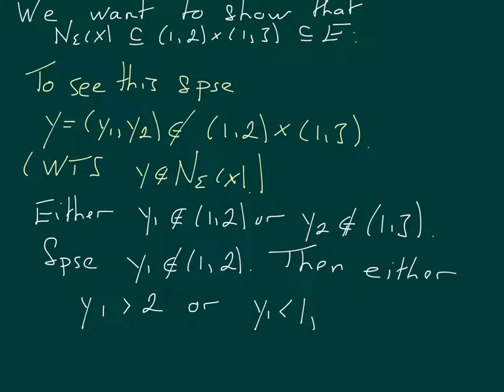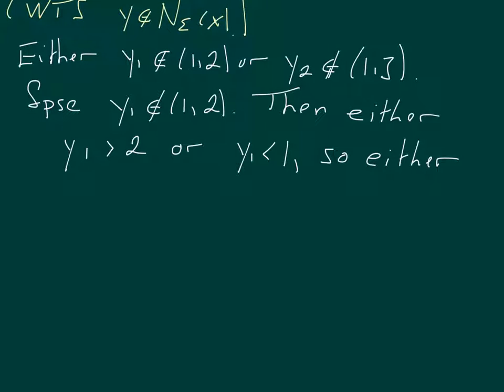So, what can we say? What are our situations? Well, let's just draw a little picture here. Either we're in this situation here, where we have our open interval (1,2). Here is x1 that we know sits between 1 and 2.